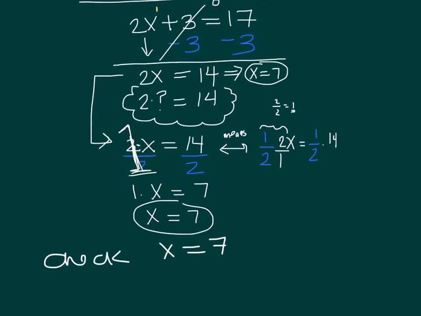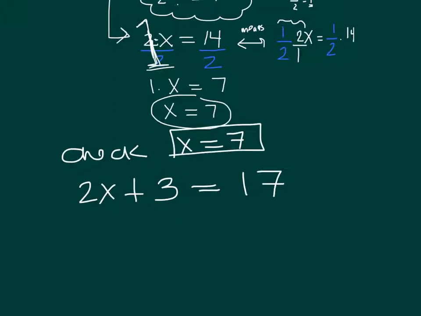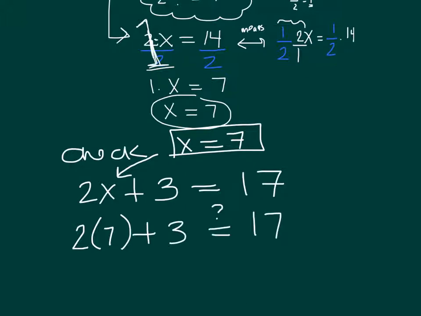I have 2x plus 3 equals 17, and I'm checking this guy. So I'm going to substitute it back into the algebraic expression on the left-hand side: 2 times 7, always use parentheses, plus 3. Does that really give me 17?